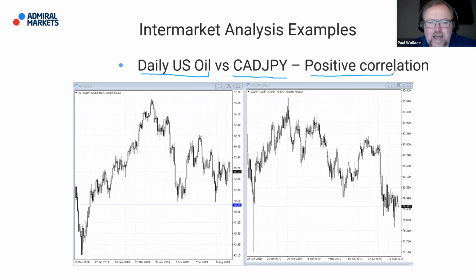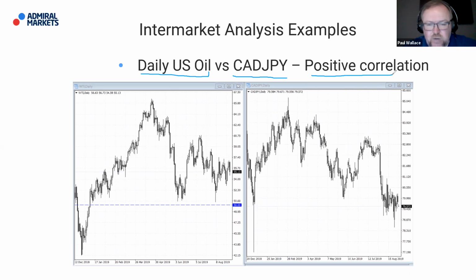But you have to look at the Canadian dollar and the Japanese yen. Remember what we were saying a few slides back: Canada is an exporter of oil, so invariably the price of oil will have an impact on the Canadian dollar. Equally, the price of oil will also have an effect on the Japanese yen.